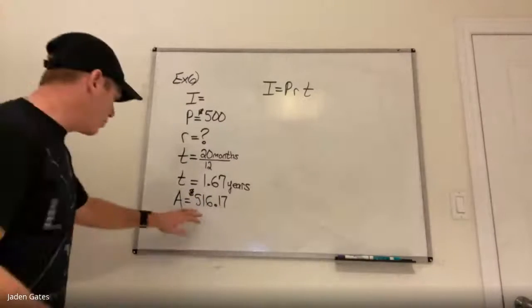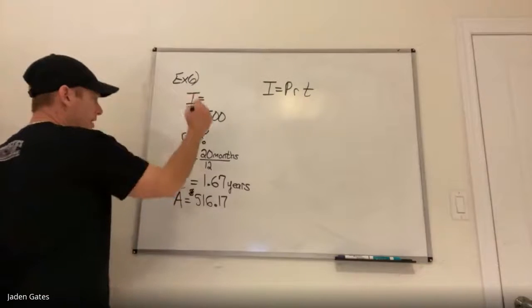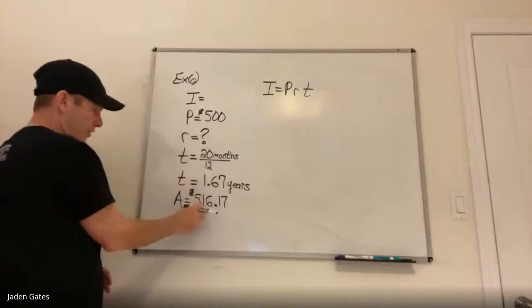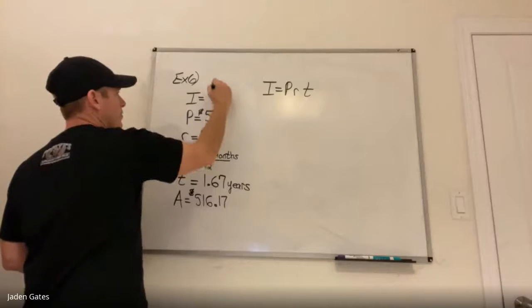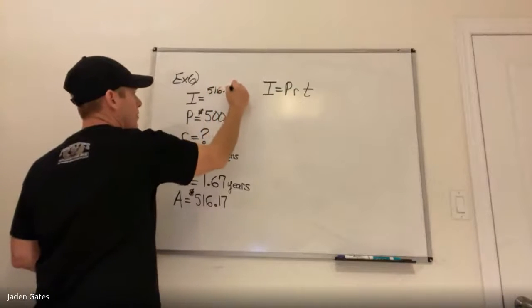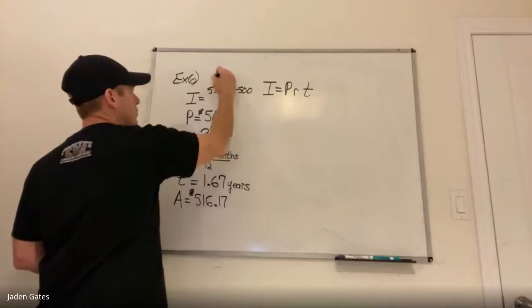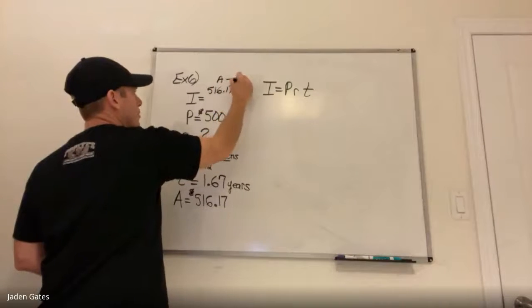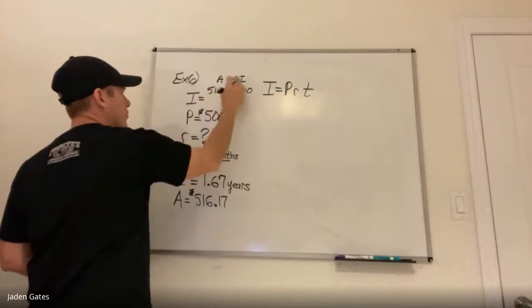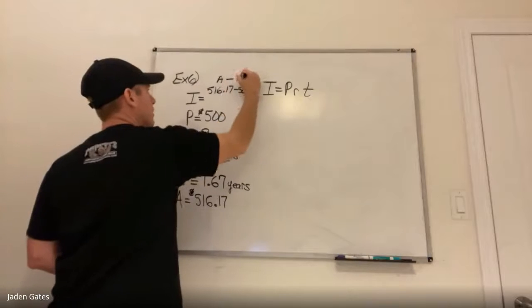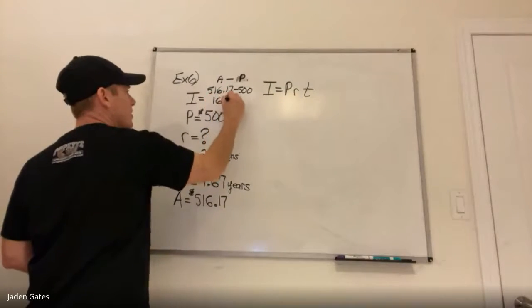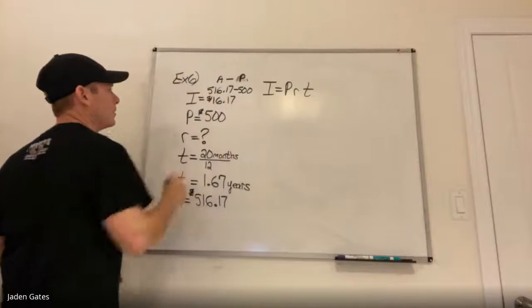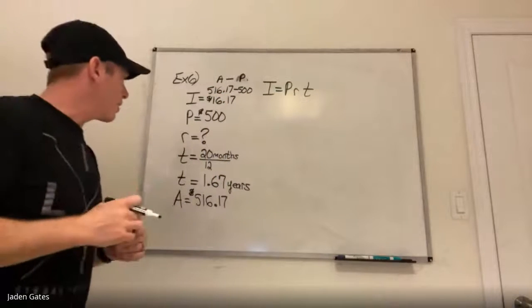And so what I could do here is find the interest by just subtracting 500 from the amount. Right? So I've got 516.17 minus 500. So there's your amount minus your principal. And so my interest is going to be just $16.17. All right, so a little bit of a twist there.